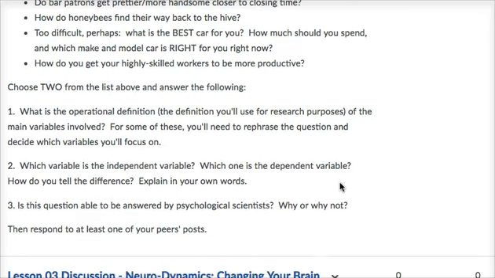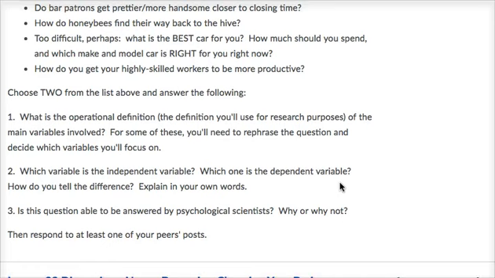Just so my view is clear, I'm going to use my example here: do bar patrons get prettier, more handsome, closer to closing time? And I would operationally define. For the purposes of this discussion, I would say that I'm going to define prettier as, and you have to find some way to define prettier or handsome.